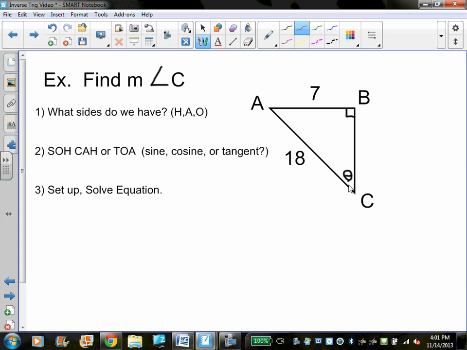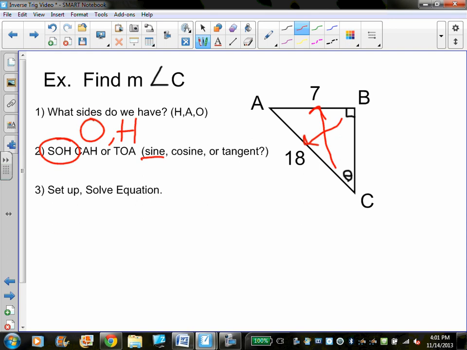Using the rules that we had, we can see that we have to go across the triangle to get to this side, so we have the opposite side, and we also have the side across from the right angle, so we have our hypotenuse. So we have opposite and hypotenuse, which means we're going to be using SO, which means we're going to be using sine.